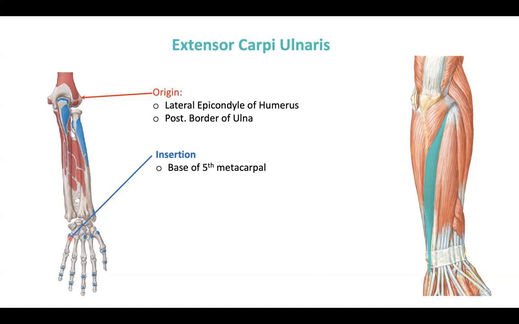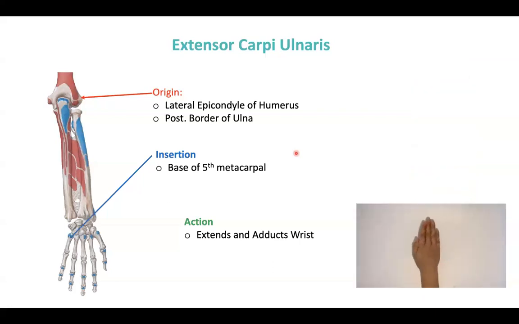It's inserted here. And it's the most medial muscle. In addition to extension, it adducts or ulnar deviates the hand. So this is ulnar deviation or adduction. Similarly, flexor carpi ulnaris also adducts or ulnar deviates the hand.